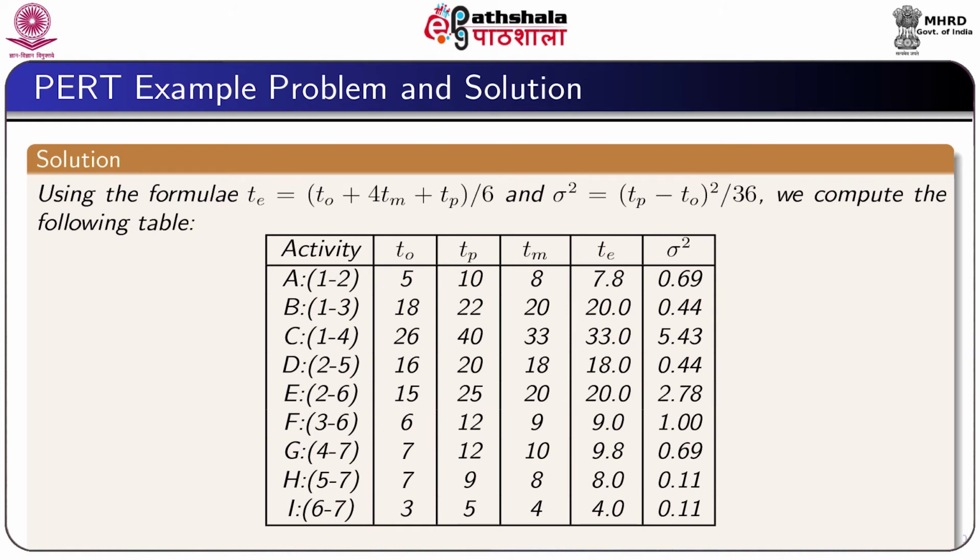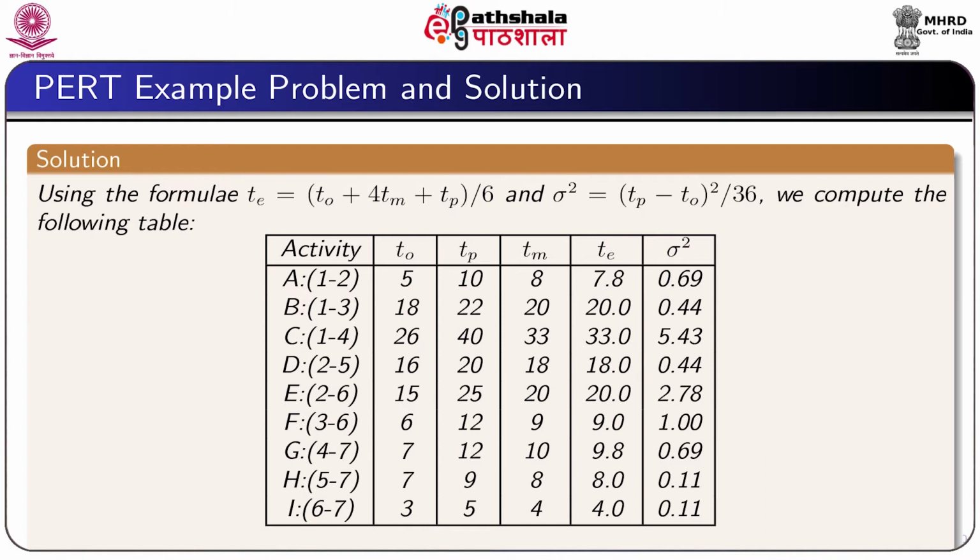Using the formula TE equal to (TO plus 4TM plus TP) by 6 and sigma square equal to (TP minus TO) whole square by 36, we compute the following table.